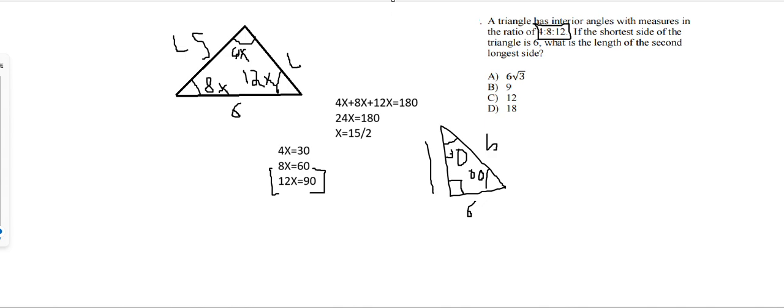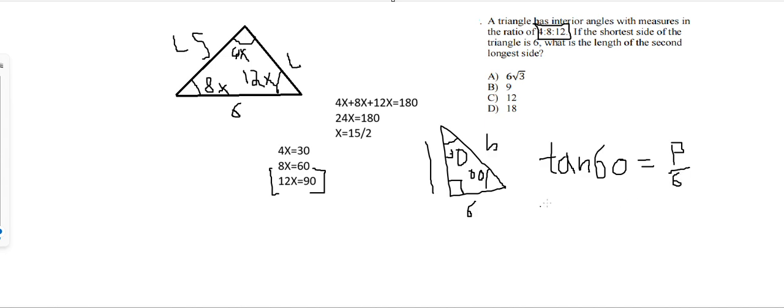Now after this, let's use the trigonometric ratio of tan theta. Let us say theta equals 60 degrees. Tan 60 equals perpendicular by base. Perpendicular in this case becomes our second longest side, and base is 6.